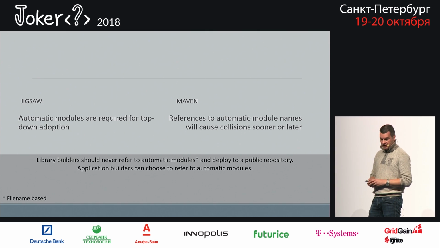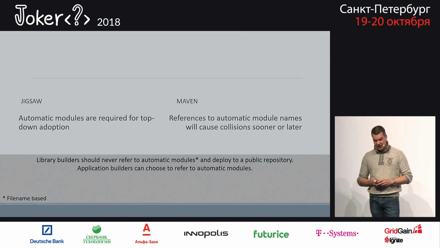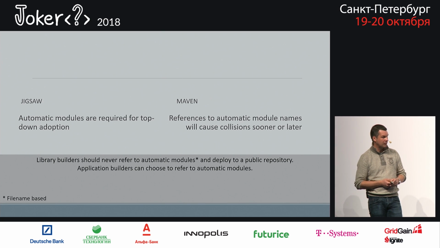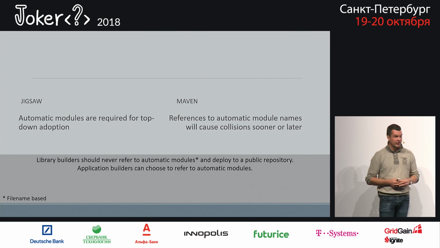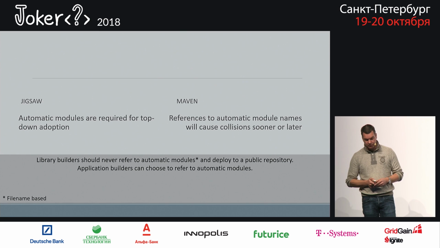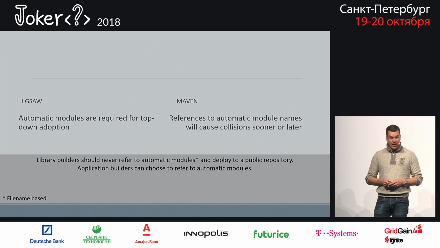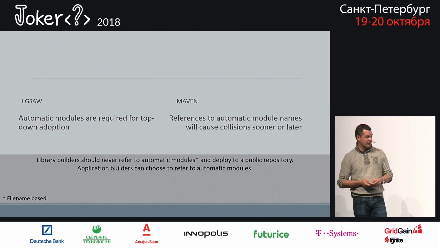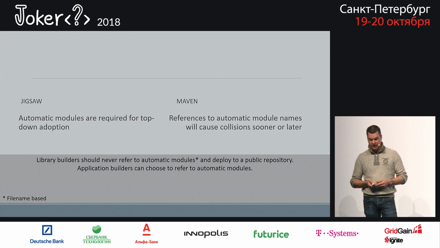So what we say is, if you are a library builder, please never publish them to Maven Central or any other public repository if you refer to automatic module names. And in this case, I'm especially referring to the file name-based automatic module names. However, application builders, because this is the final product, can choose to do that. They are in control, so that's fine if they really want to refer to automatic modules.